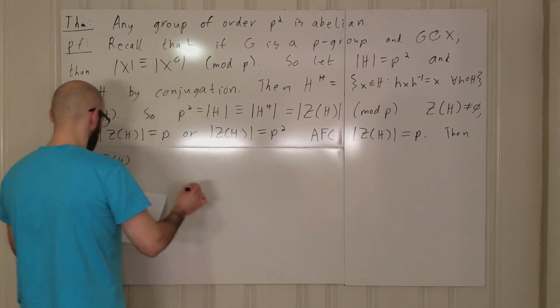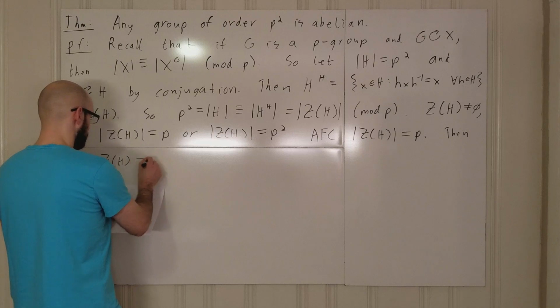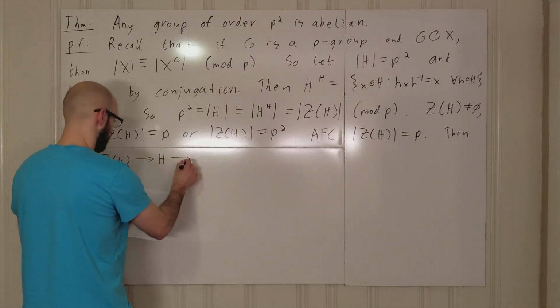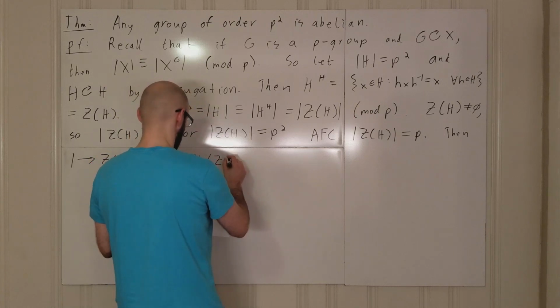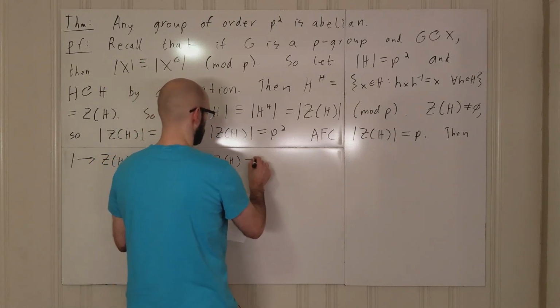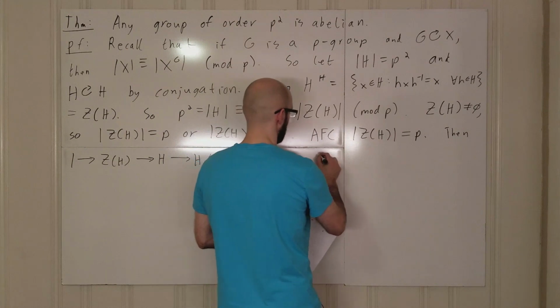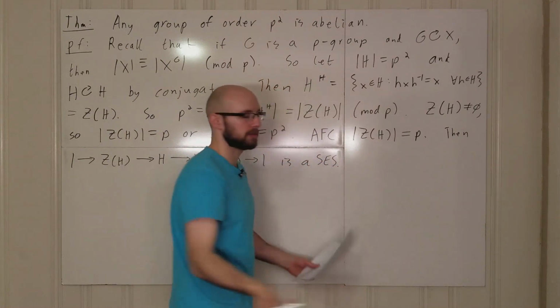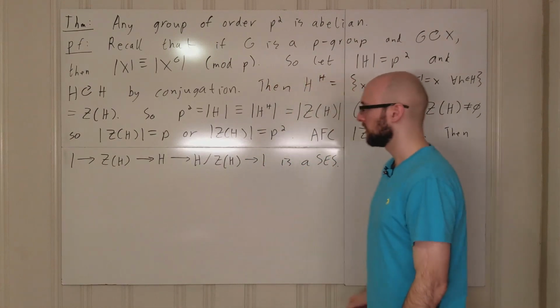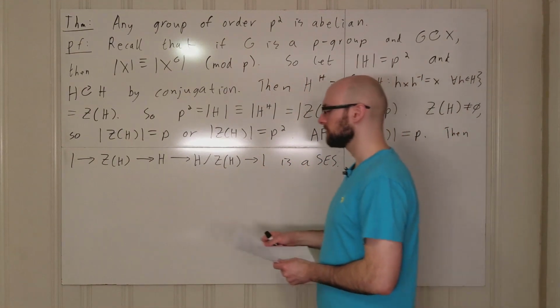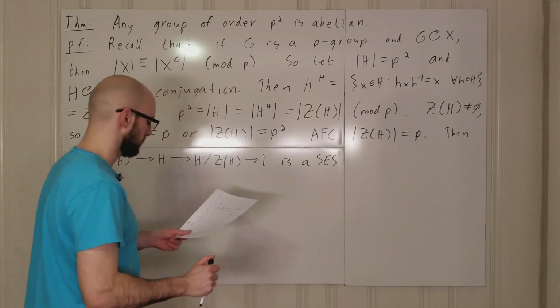So anyways, Z of H is a normal subgroup, and therefore we have this short exact sequence, with Z of H going to 1. We know that we get a short exact sequence like this anytime we have a normal subgroup. Okay, and where do we go from here?